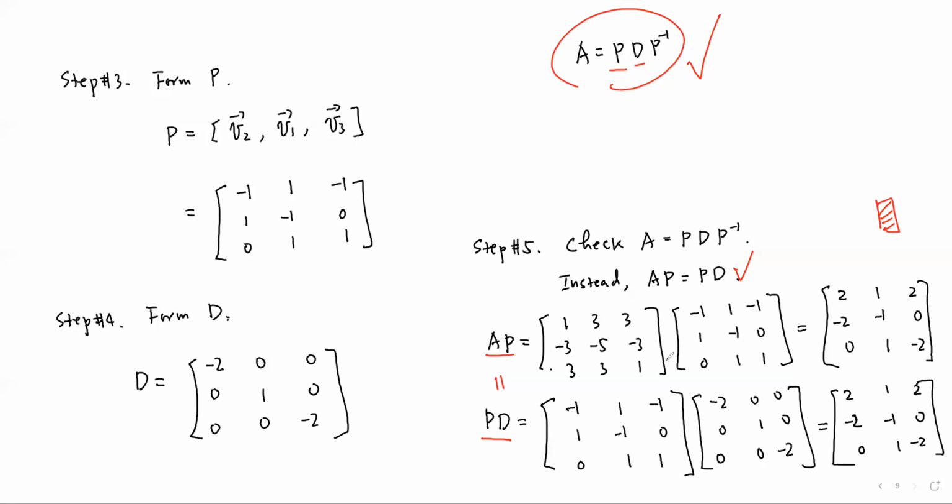All right, second example. This time, in the second example, the matrix is not diagonalizable. Example 2. Take a look.